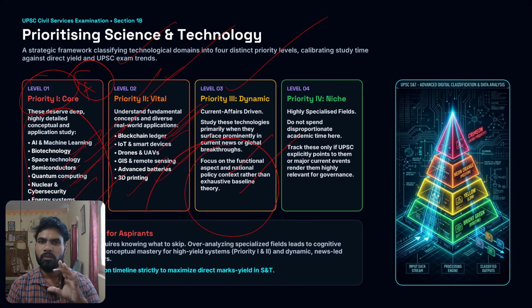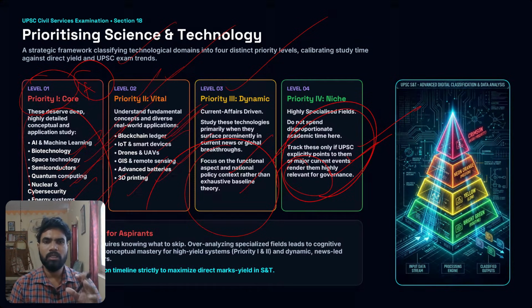You have to understand their functional aspect, and you have to understand them with respect to the Indian context. Then priority 4, the last priority: we track these only if UPSC explicitly points to them or major current events render them highly relevant for governance.